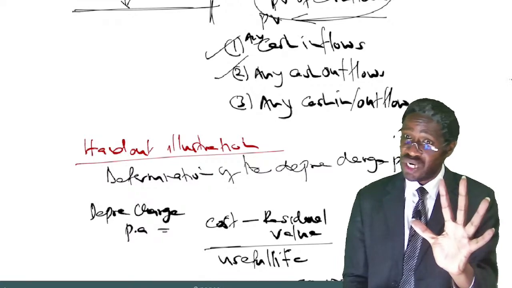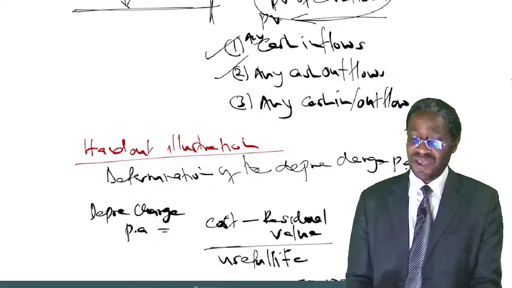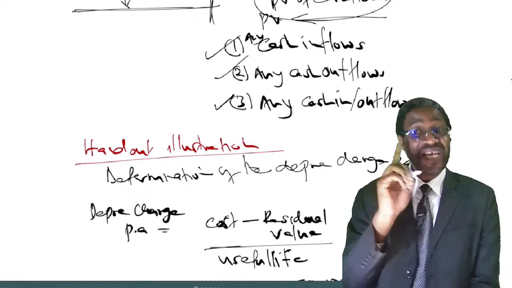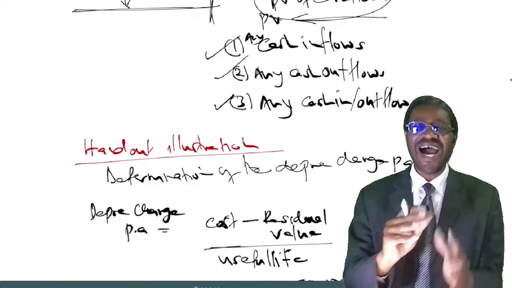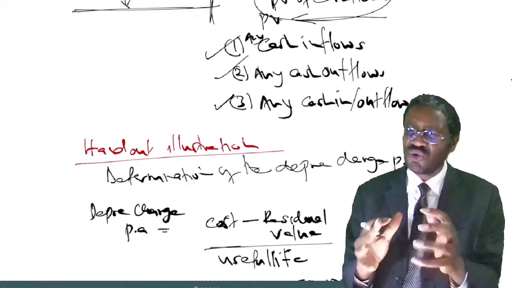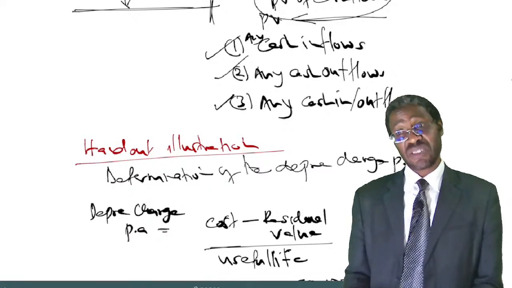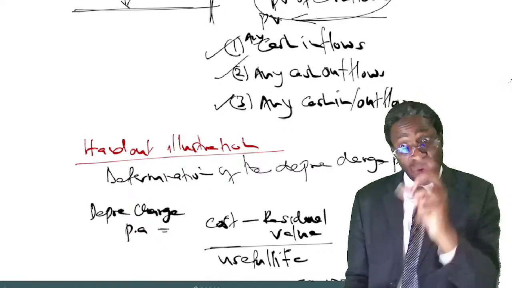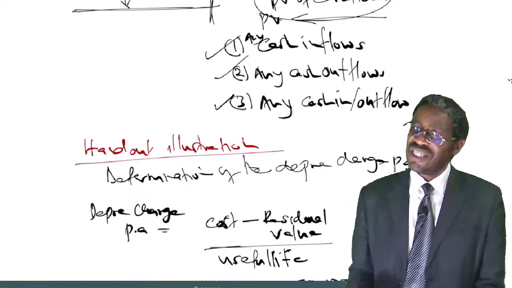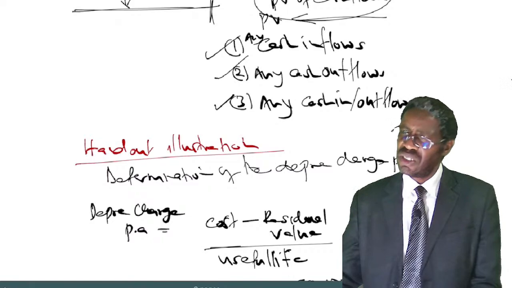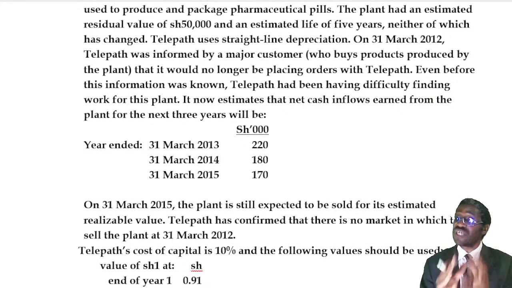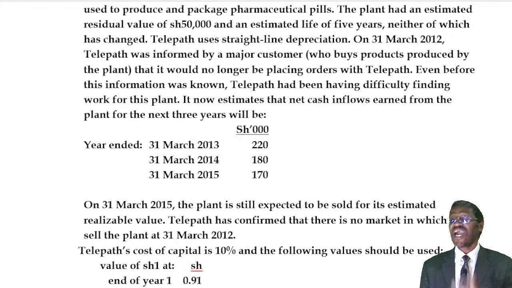This question did not have. Number three, any cash received or paid at the end of the useful life of the asset due to the disposal of the asset. So this question was tricky. Listen, in that final year, the examiner wanted to see, will you still use that 170 as the projected cash flow that year? The answer is no.